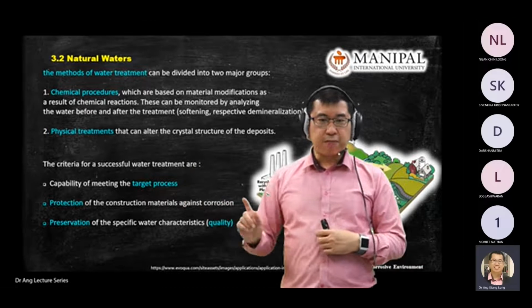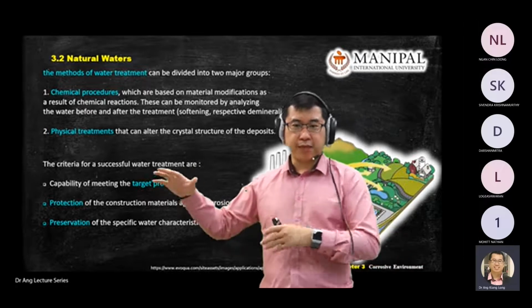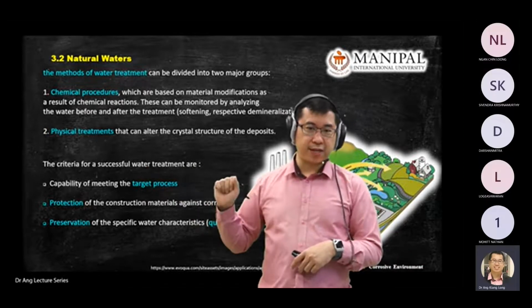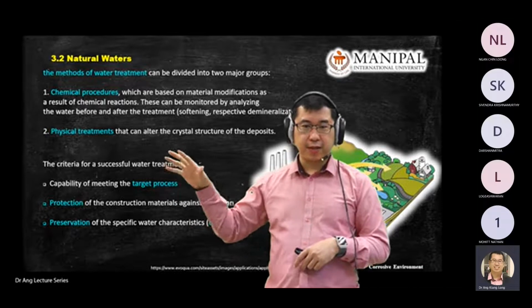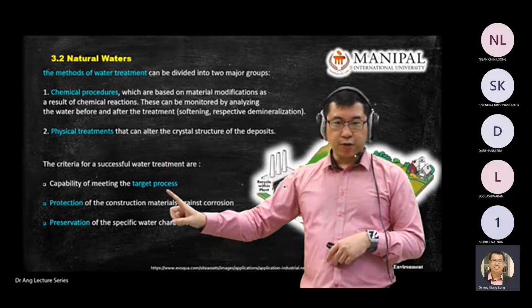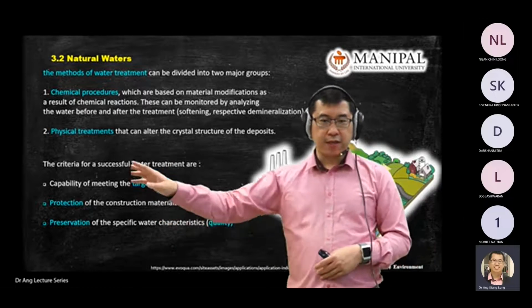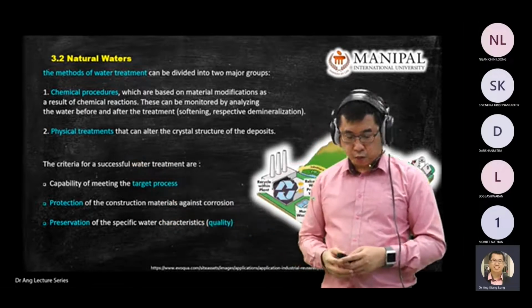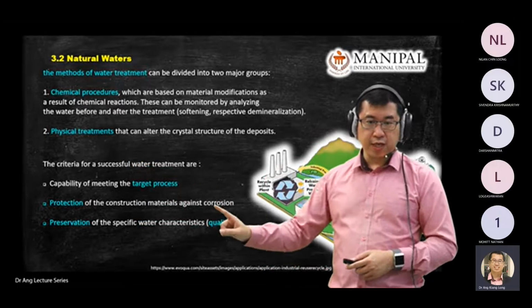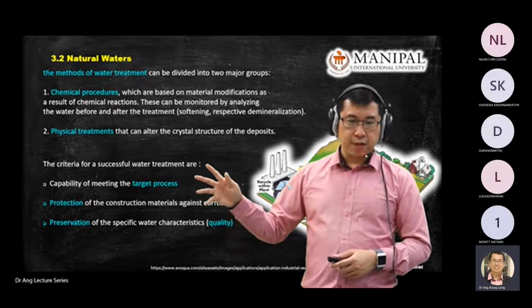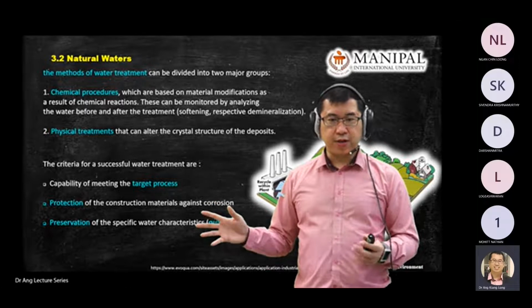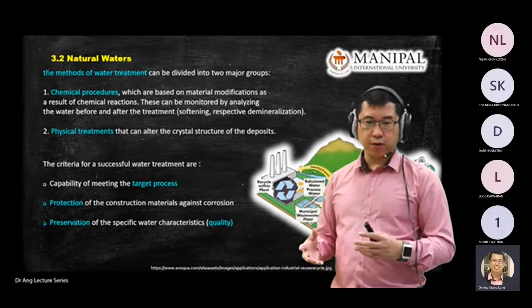So after water treatment, the water must maintain what you had just now, or even become better. Okay, don't let it become more acidic after treatment, or you do not meet the criteria for successful water treatment. So these are the three general criteria when we talk about good water treatment.